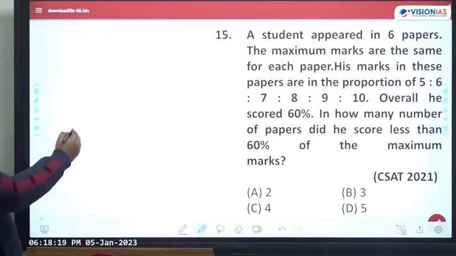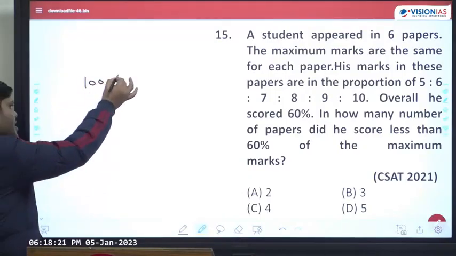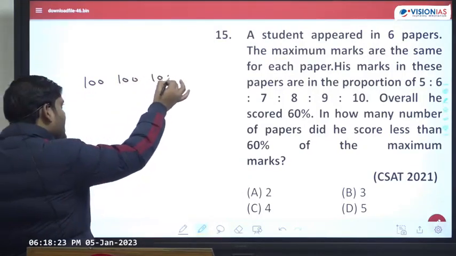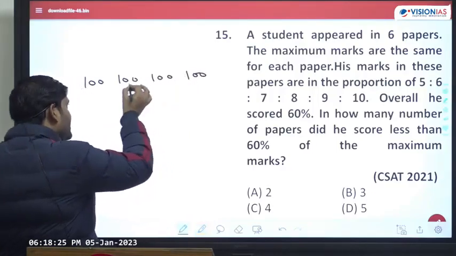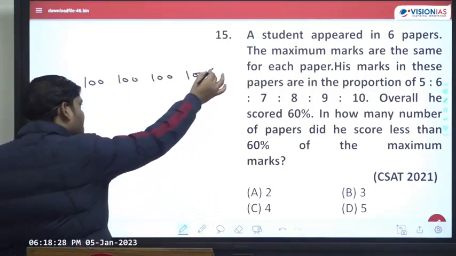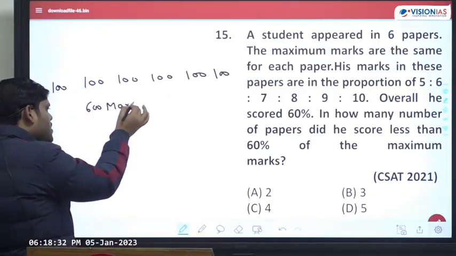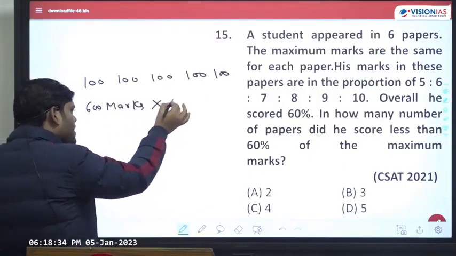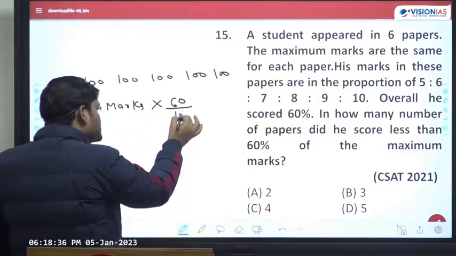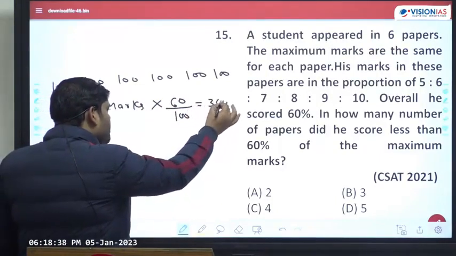What is the question? The maximum marks are equal, so we can take each paper as 100. That means total 600 marks, and overall he scored 60% of this. That means he scored 360 marks.